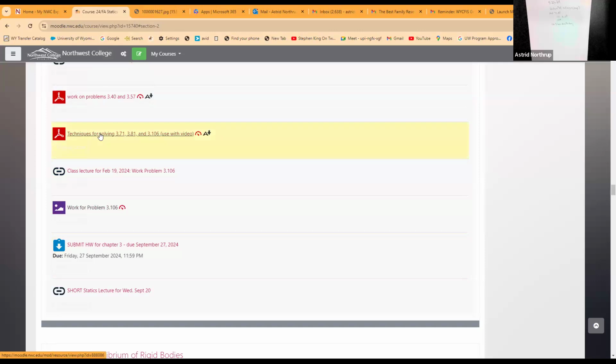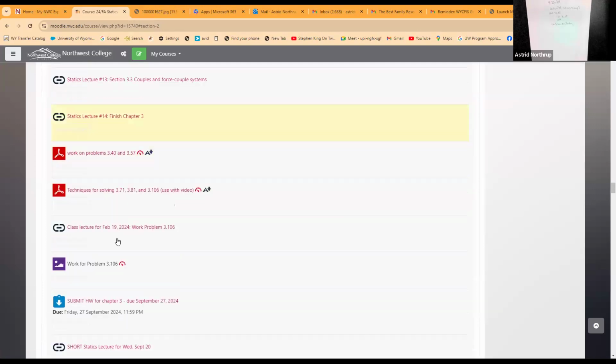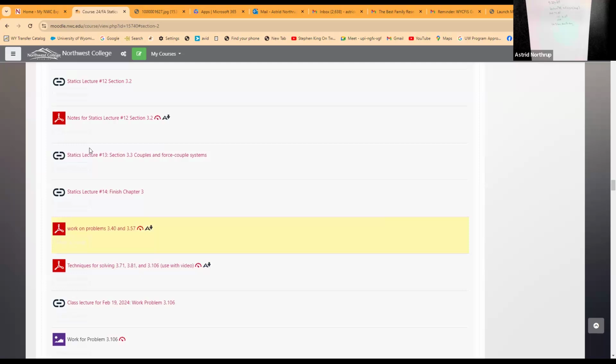And then I have some techniques, some stuff that I did with some of the other problems, including 106. 106 is a complicated problem, there's just a lot of parts to it. So I wanted to make sure that you guys had some stuff. So take a look while you're doing your homework at this file and also at this file, because that would help you get started with that.